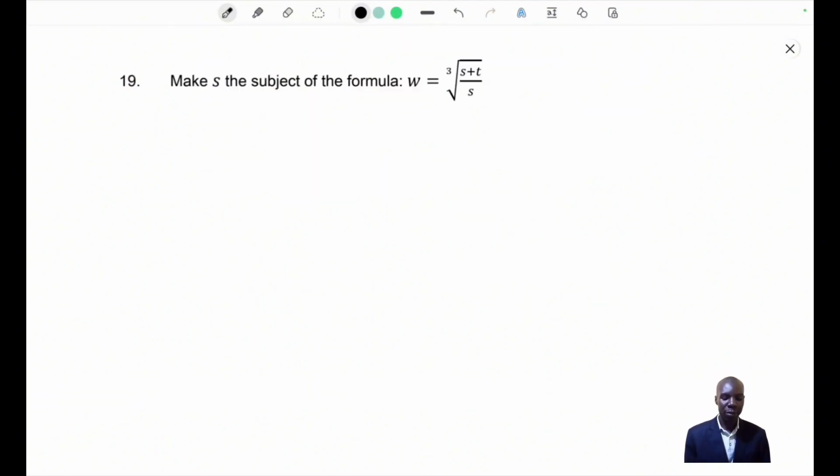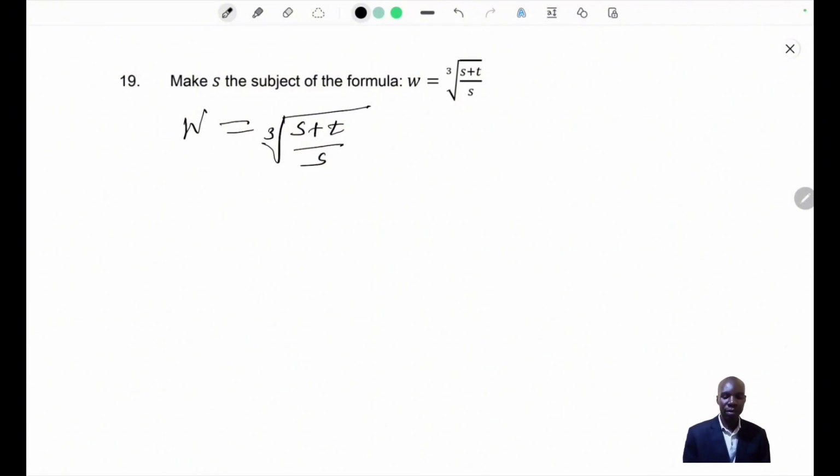Number 19, make S the subject of the formula. W equals the third root of S plus T over S. So we have W equals the third root of S plus T over S, like that.